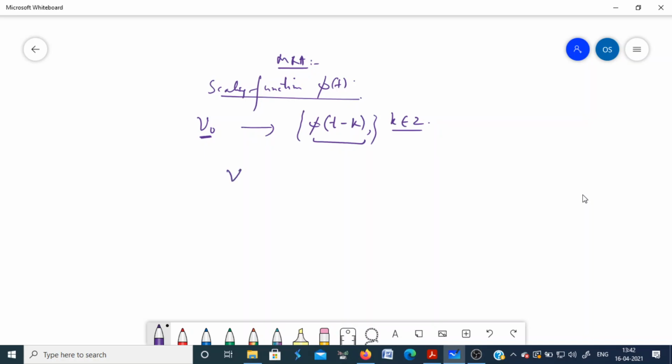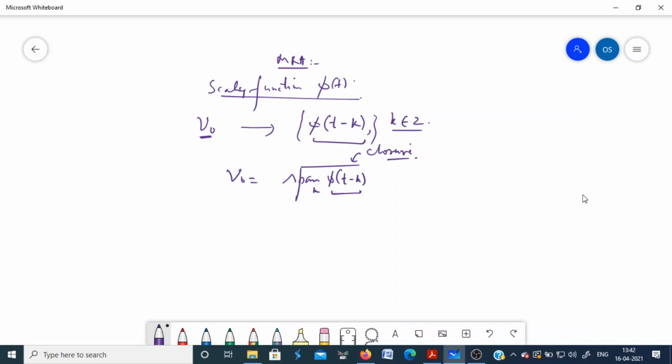We write V naught as the span of phi of t minus k over k, and we also write a bar here. It is called the closure. Closure means that not only those functions which can be represented by phi t minus k, but also the limits of those approximations. That is the meaning of this bar.